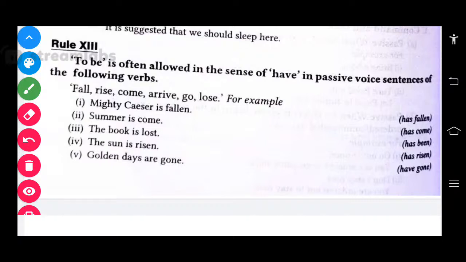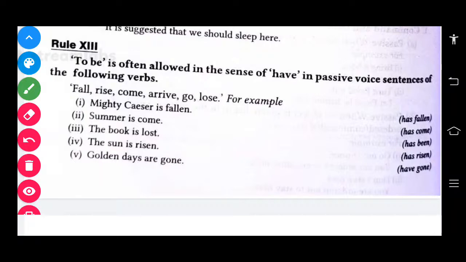Let us see rule number 13. To be is often allowed in place of have in the passive voice sentences of the following verbs: fall, rise, come, arrive, go, lose. Look at these examples.